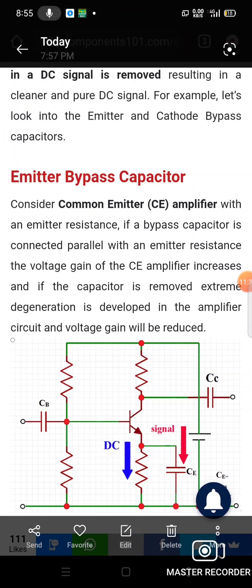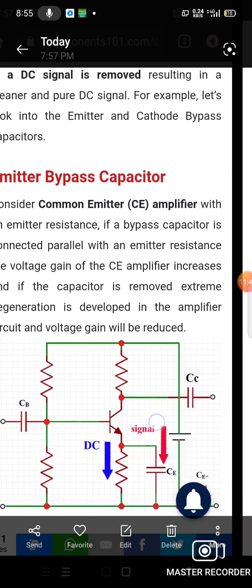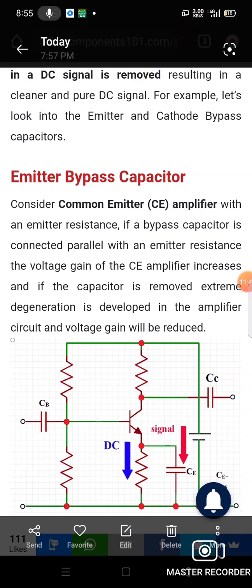The understanding of this paragraph is that if you do not connect the emitter bypass capacitor in parallel with the emitter resistor, the voltage gain will be reduced. Some amount of voltage is dropped across the resistor.